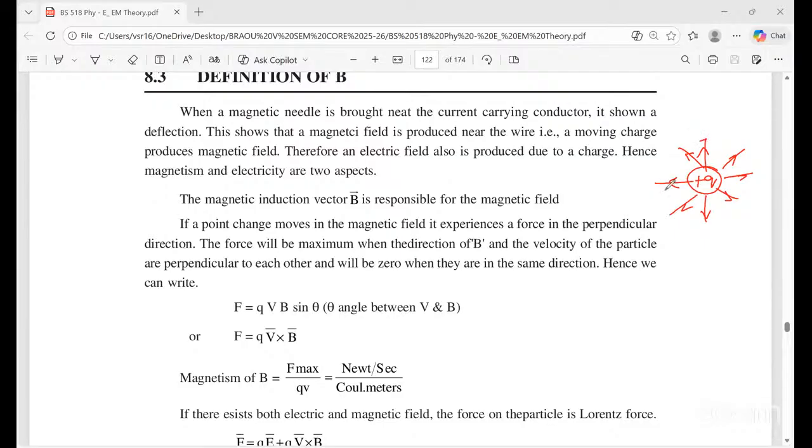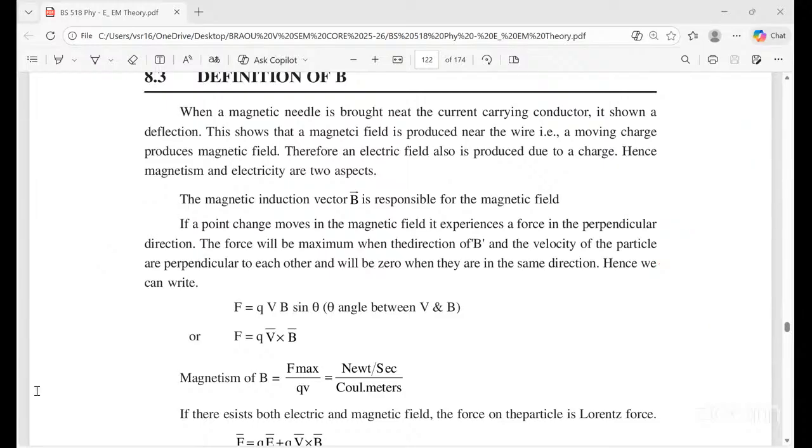How much of the effect of the charge can be occupied by such a region is capital E. What are these lines which are indicated? Line of force of field. This is the electric field. But here also, how much of the effect of attraction or repulsion takes place by such a region, you can call it B here. Okay? Like that you have to.